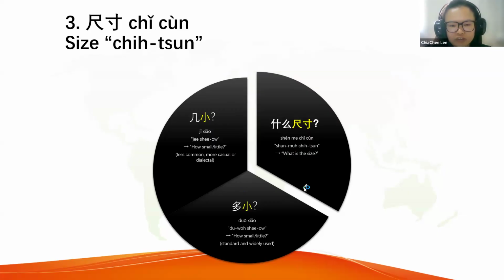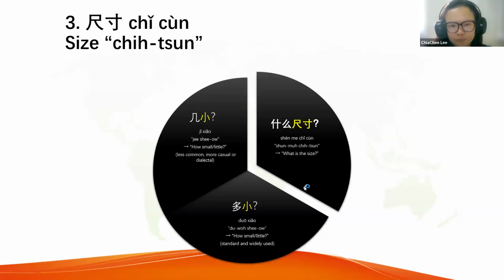How small? 极小. How small? 多小. Instead of checking on 什么字. So we're going to ask how narrow. 几窄? 多窄.